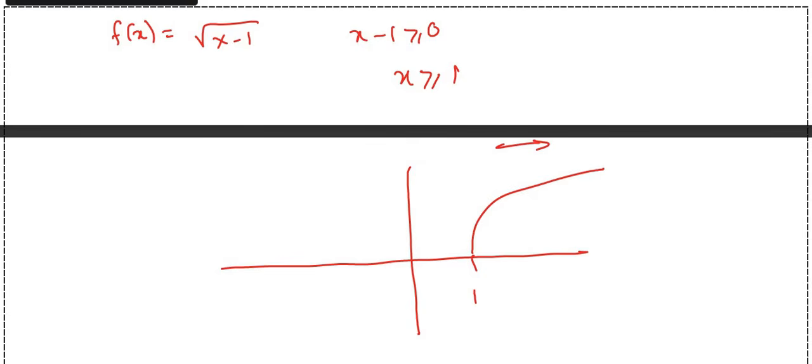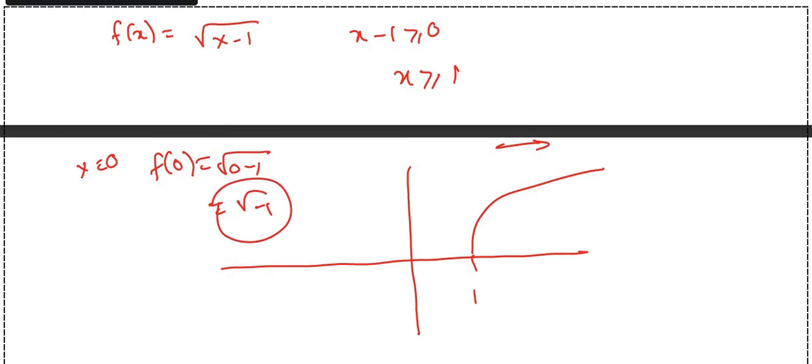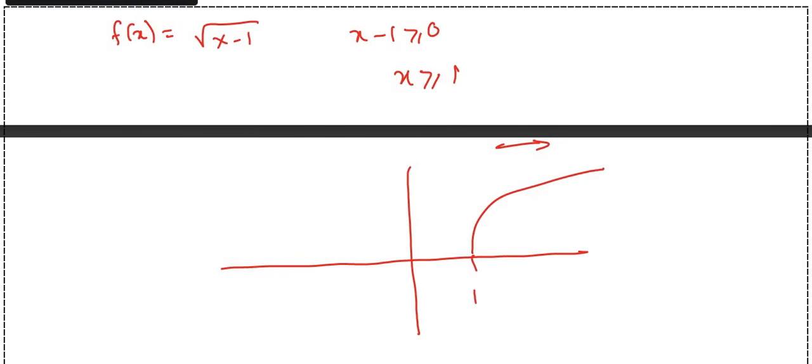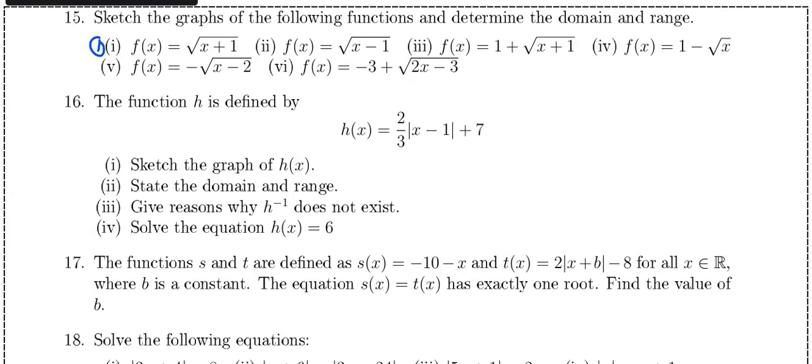This makes sense because when x is 0, you cannot touch the y-axis. If you try to put a 0 there to get the y-intercept, it does not exist, because it is a complex number, and on the real number line it has no matching value we can plug in. So this is your second one, 15.2.